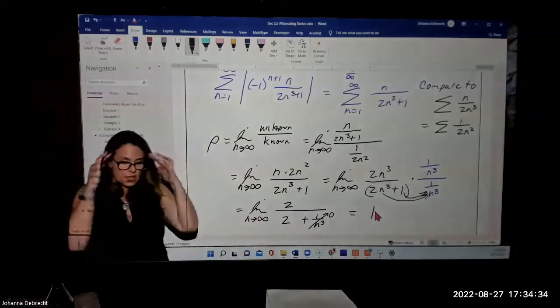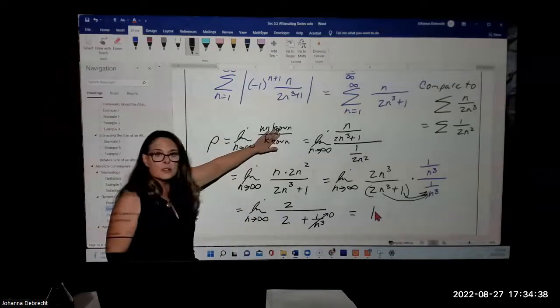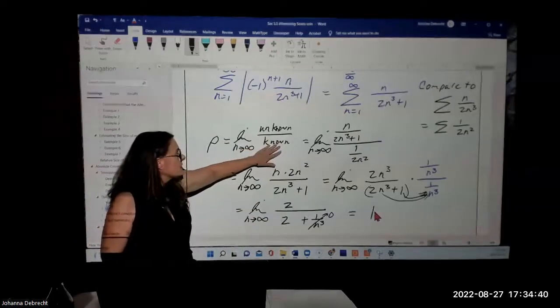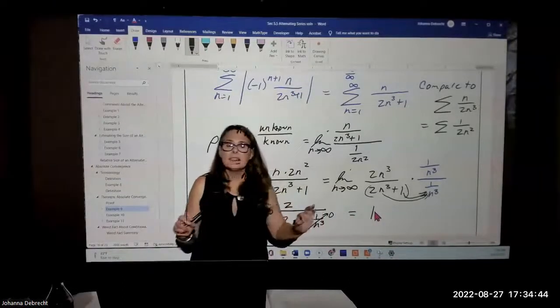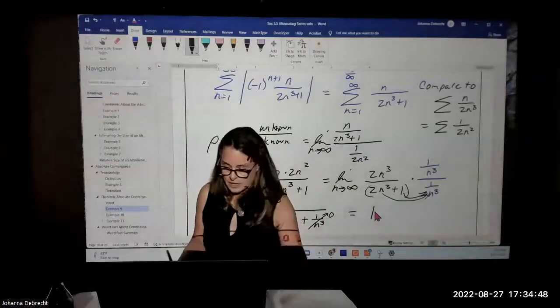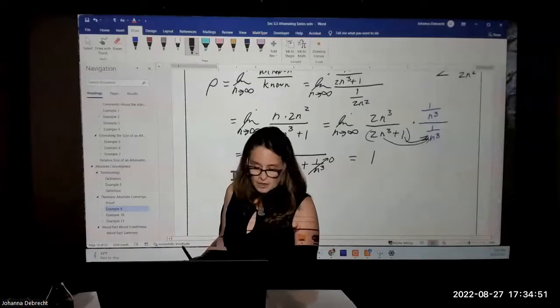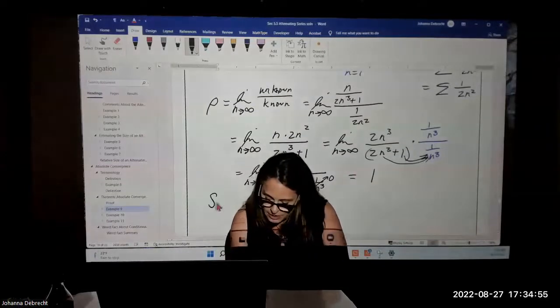Now, what was I doing again? Let's remind ourselves. We're doing the limit comparison test. We had the unknown series in the numerator, known series in the denominator. We found the value of rho is a positive finite real number, so they do the same thing. So then I need to write down my conclusion, and I'll write my conclusion here.